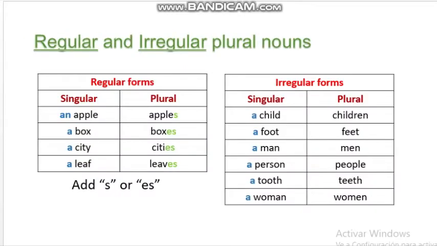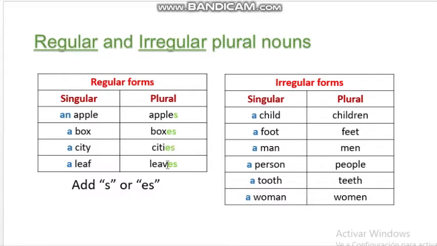Okay, we have many regular and irregular plural nouns. English has both regular and irregular plural nouns. In regular nouns, we add s or es to the end of the word.